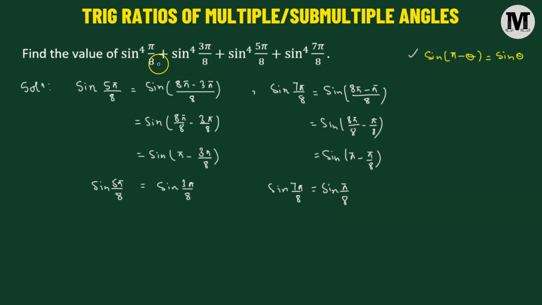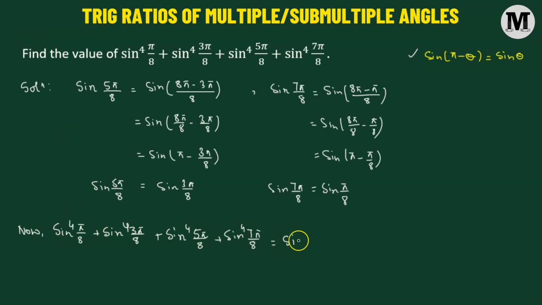Which means our entire expression can now be rewritten as: our first term remains the same, so we have sine pi over 8 whole raised to the power of 4, added to sine 3 pi over 8 whole raised to the power of 4. Now the third term will become sine 3 pi over 8 whole raised to the power of 4, and the fourth term will become sine pi over 8 whole raised to the power of 4.